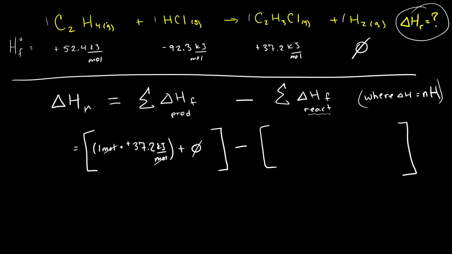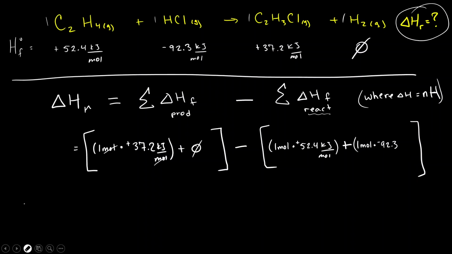And then this set of brackets is for my reactants. So that's C2H4. And again, 1 mole. Okay, this is a bad example when they're all 1 mole. I freely admit that. Oh well. Plus my HCl, 1 mole, times negative 92.3 kilojoules per mole.